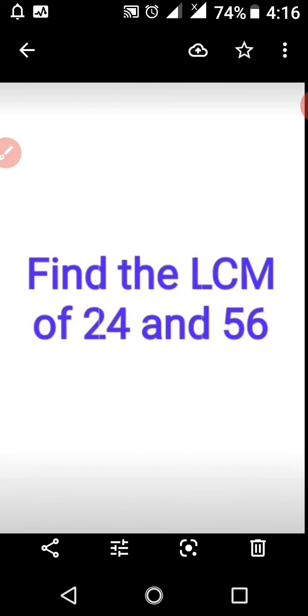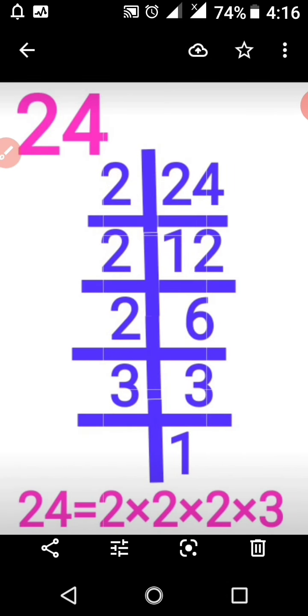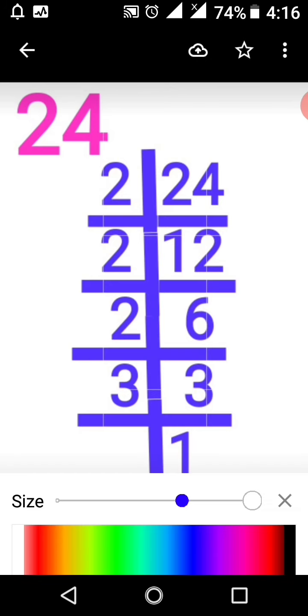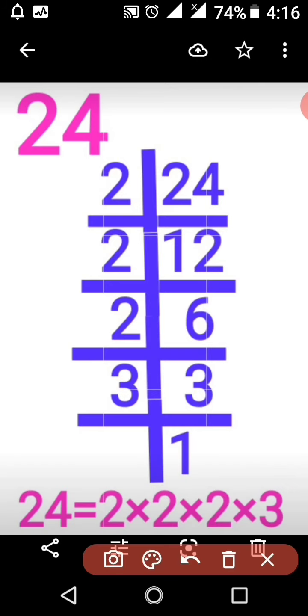Now we take 24 first. First of all, we check with the least prime number, 2. Now 2 twelves are 24.